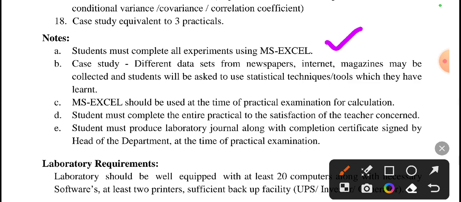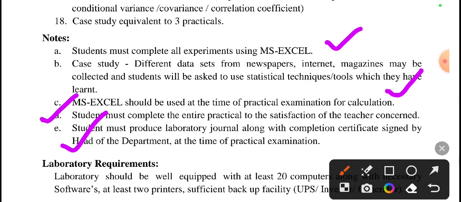This is mentioned in your note. The student must complete the entire practical to the satisfaction of the teacher concerned, and the student must also produce the laboratory journal along with a completion certificate signed by the head of the department at the time of the practical examination.